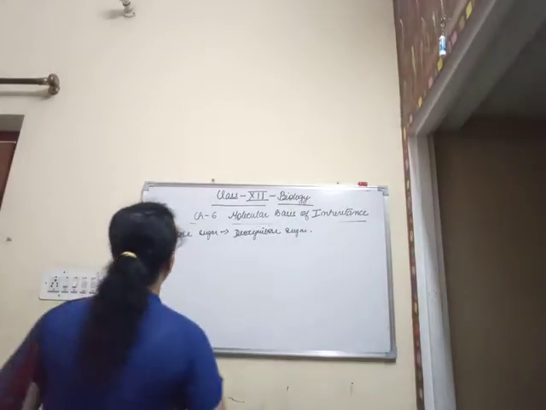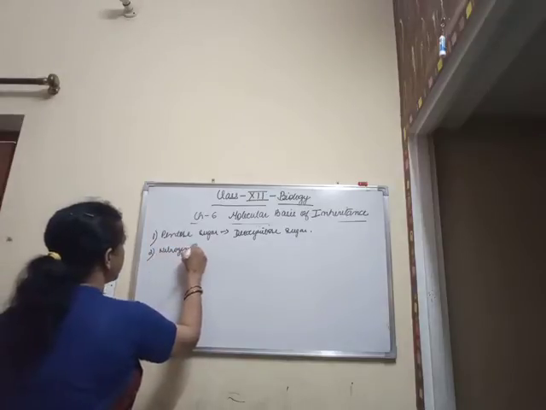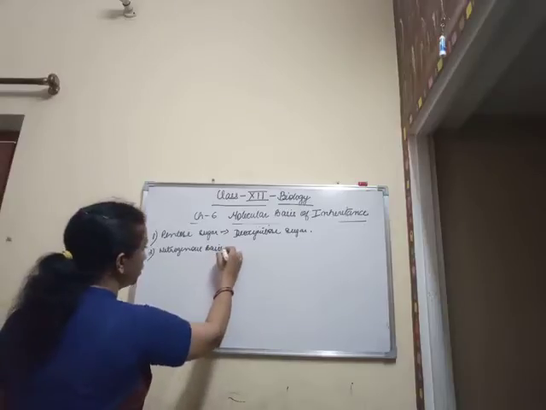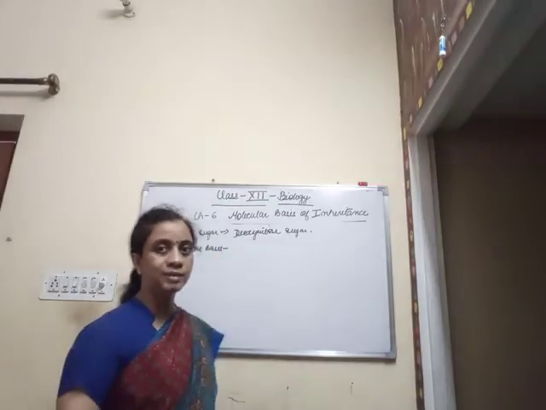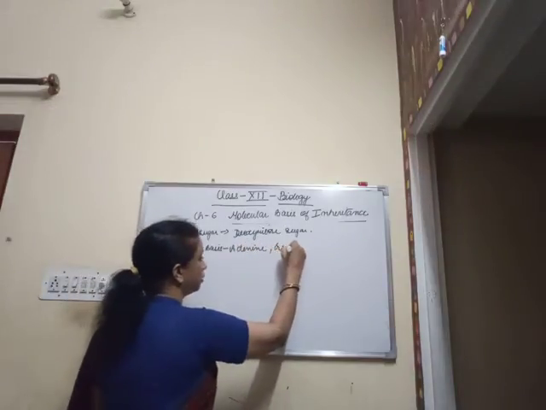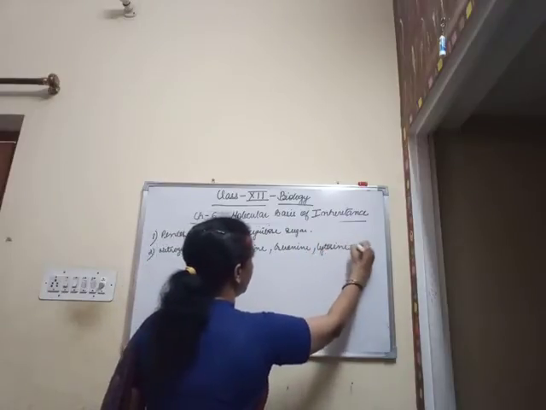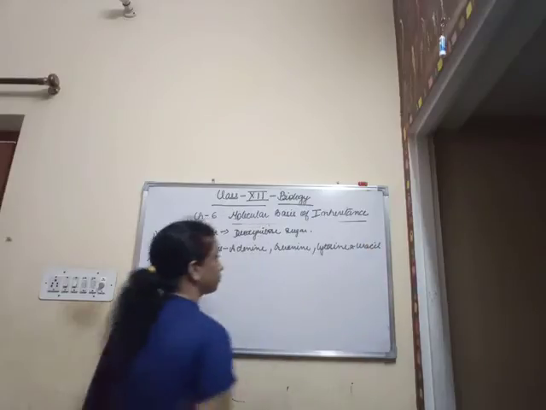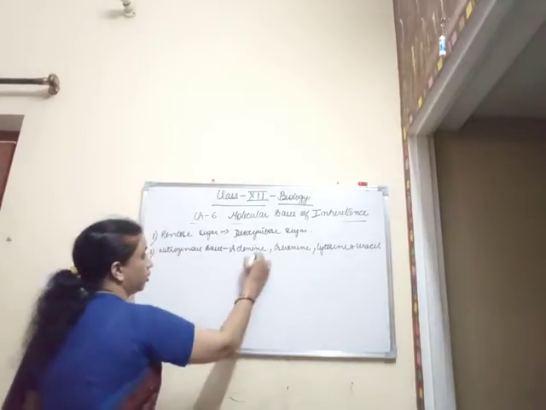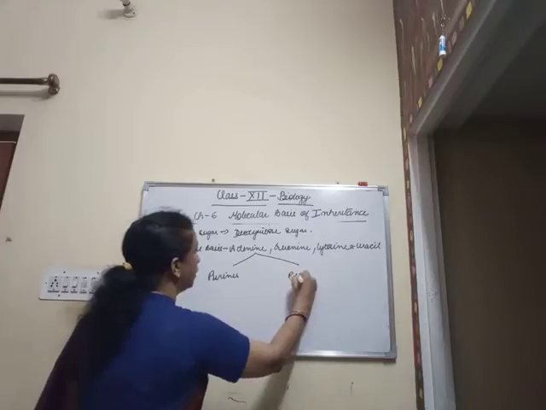Now talking about the nitrogenous bases. The nitrogenous bases are of four types, that is adenine, guanine, cytosine and uracil. These fall under two broad categories, the purines and pyrimidines.